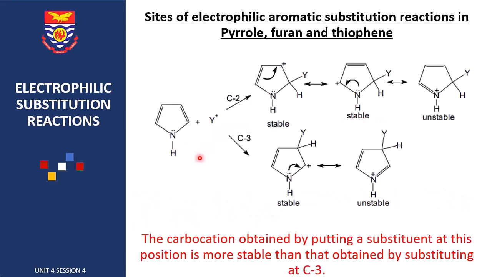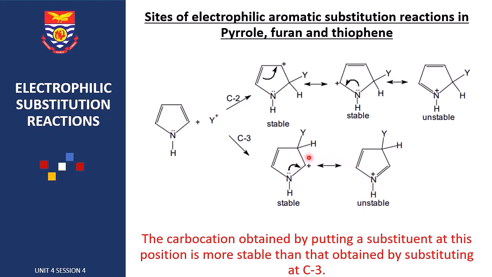So this is a detailed mechanism between the two. At carbon number 2 we have our electrophile coming in as Y. We realize that the carbocation obtained by putting the substituent at carbon number 2 is more stable than that obtained by substituting at carbon number 3.